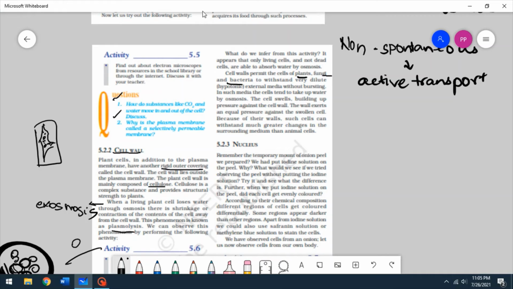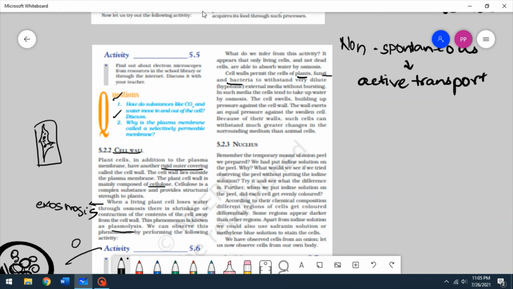And if you take up more than what you can hold, obviously you're going to burst, just like a cover that can take a maximum of 10 apples. If you put the 11th apple, it will tear, right? Just like how the bag tears, the cell will burst.